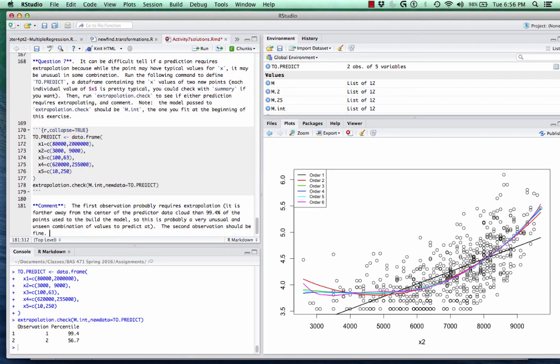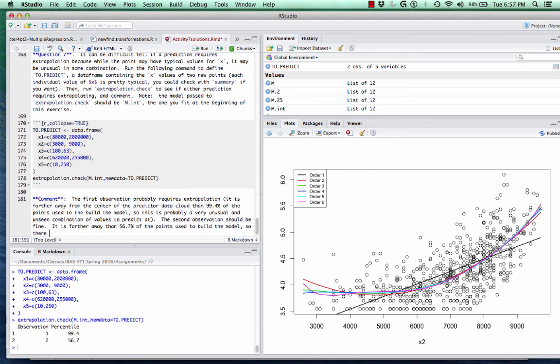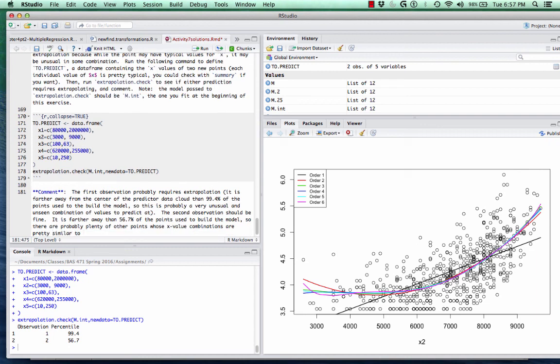It should be fine. It is farther away than 56.7% of the points used to build the model. So there are probably plenty of other points whose x-value combinations are pretty similar to this combination. So we should be okay.